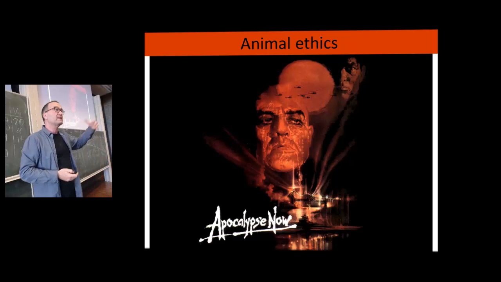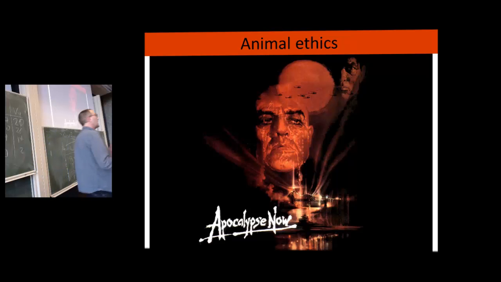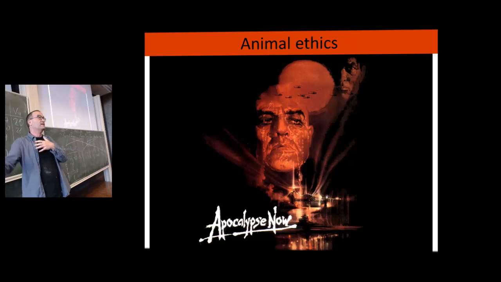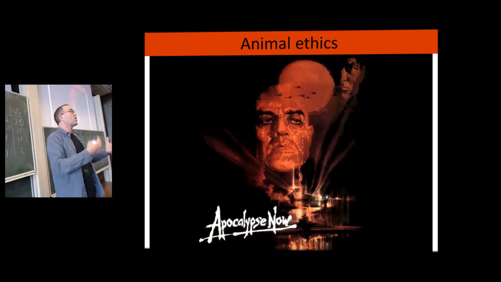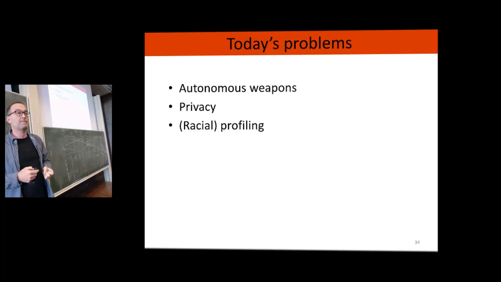And the more intelligent our robots and our AI get, the more this starts to play a role. Why should a laptop with emotions not have the same rights as a cat? Or why do we have different moral systems for different types of animals and then different types of intelligence? So there's a lot of work needed here.